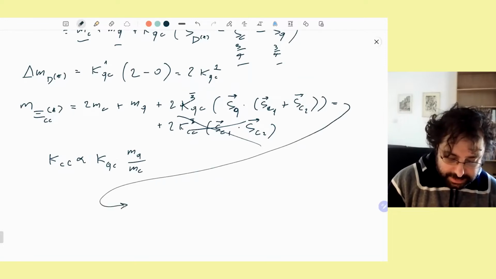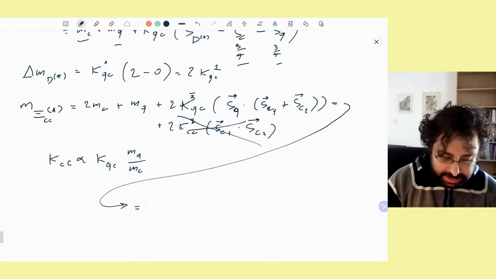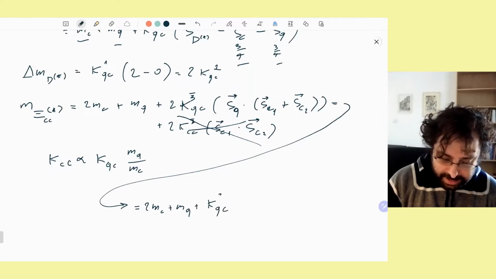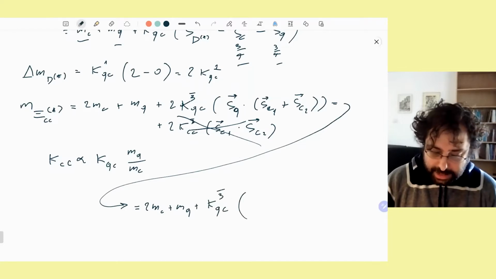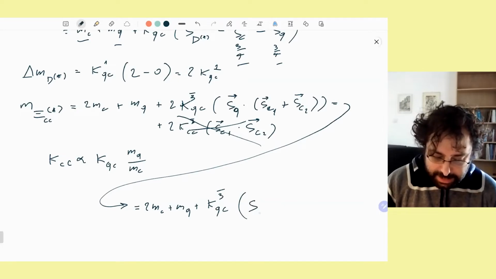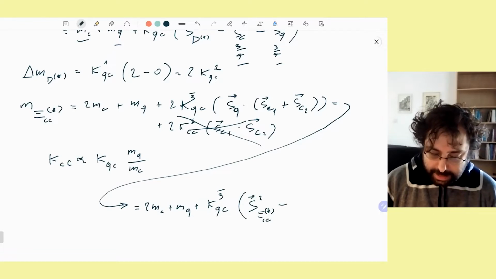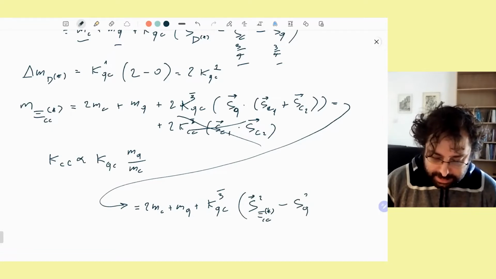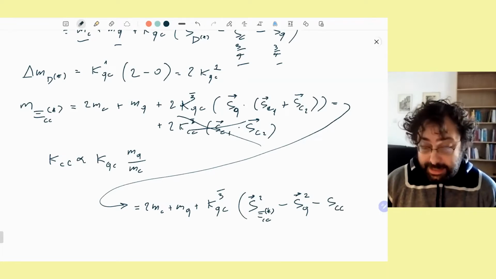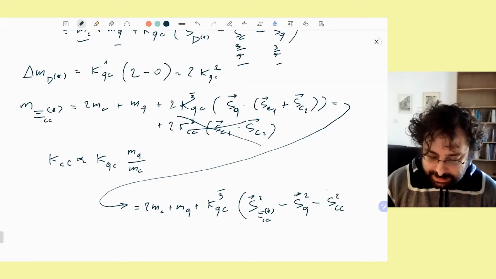Now we can write here 2M_C plus M_Q plus K_QC 3-bar. And here we have what? The total spin of the cascade, possibly star, squared, minus the square of the light quark spin, minus the spin of the CC diquark squared.